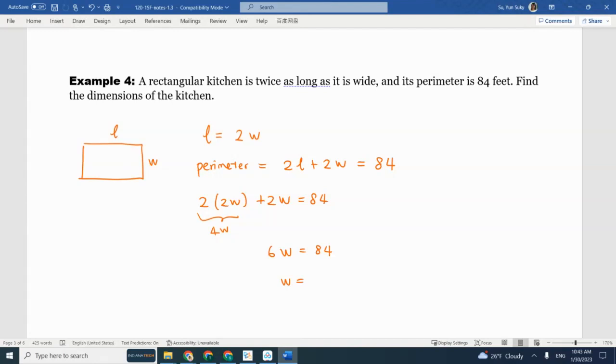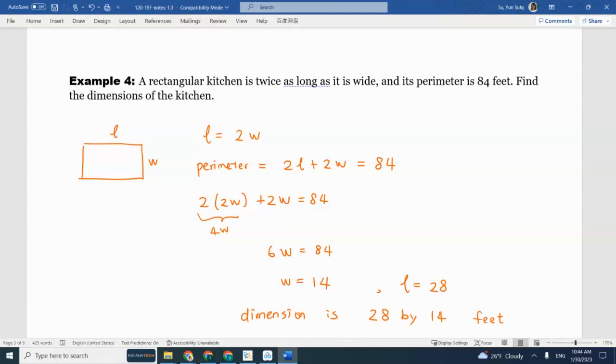14. Thank you. W is 14. What's L? 28. Yes, good. So the dimension is 28 by 14 feet. Okay.